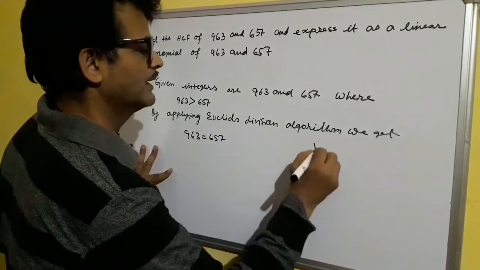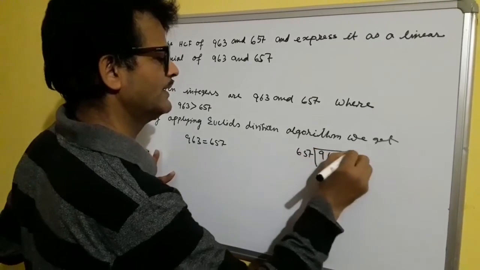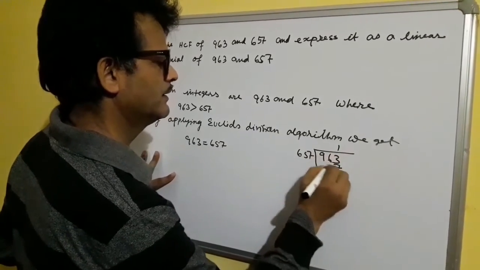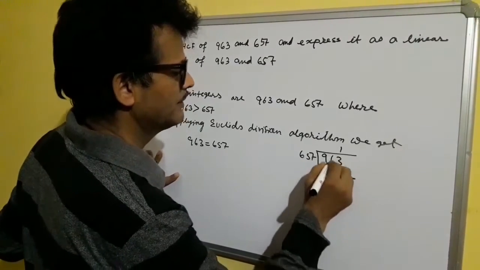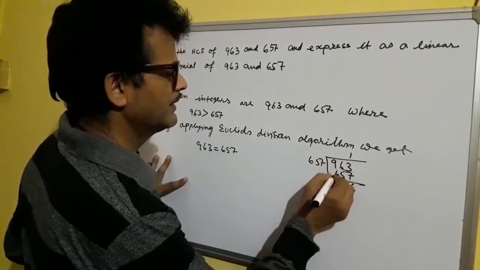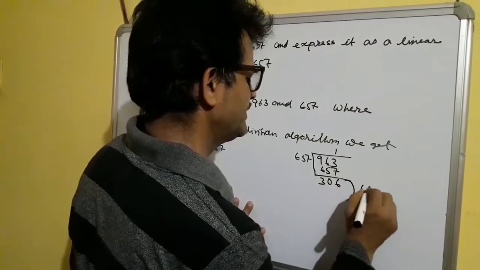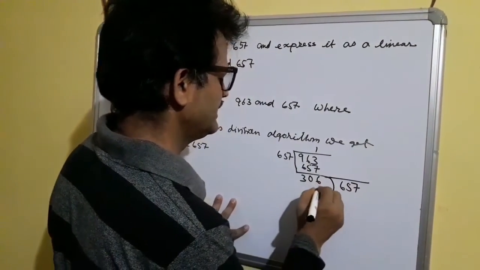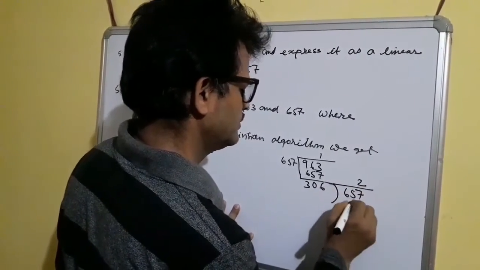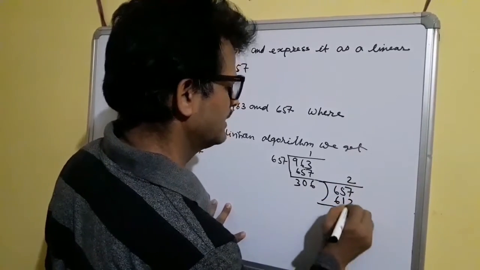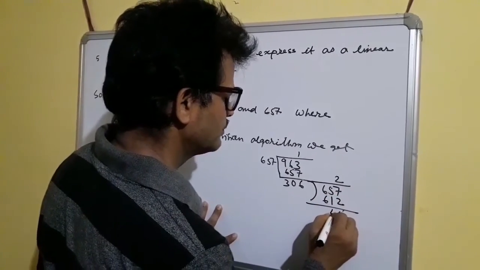Now we divide 963 by 657. This is one time first, so 657. We subtract this, 13 minus 7 is 6, 5 minus 5 is 0. Here left 9 minus 6 is 3. Again we divide 657 by 306. So this will be 2 times, 2 6 are 12, 0 0 1 6. 7 minus 2 is 5 and 5 minus 1 is 4.